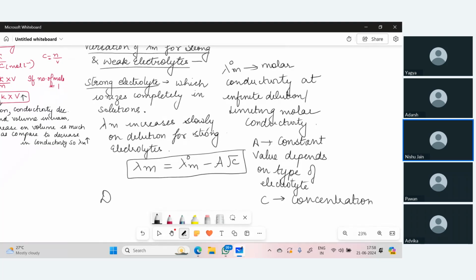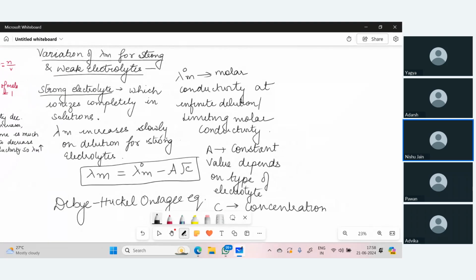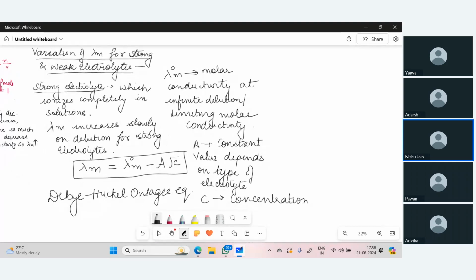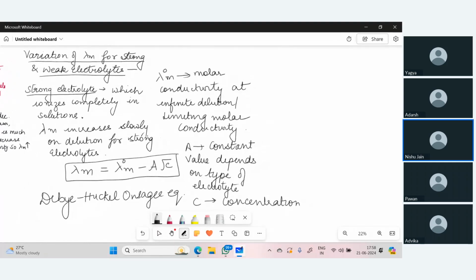This equation is known as the Debye-Huckel-Onsager equation. This gives you the relationship between molar conductivity and concentration for strong electrolytes. Lambda m is equal to lambda m naught minus A root C, and lambda m increases slowly for strong electrolytes on dilution. Write down this, then I will explain this topic with the help of a graph.